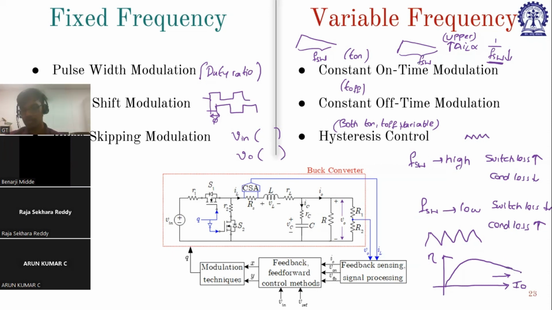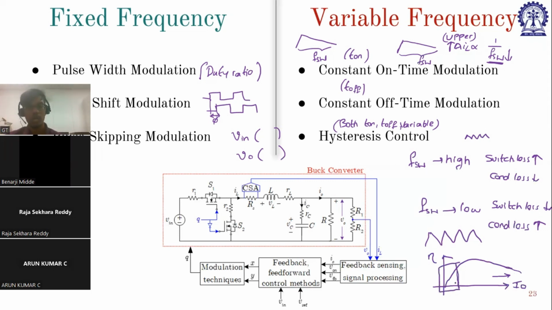So the efficiency will be less. And when you are operating at light load condition, and you are still operating at a fixed frequency, the switching losses will dominate, and the efficiency will be poor.